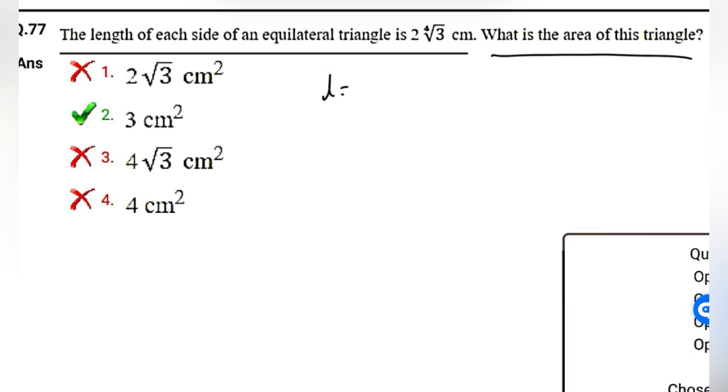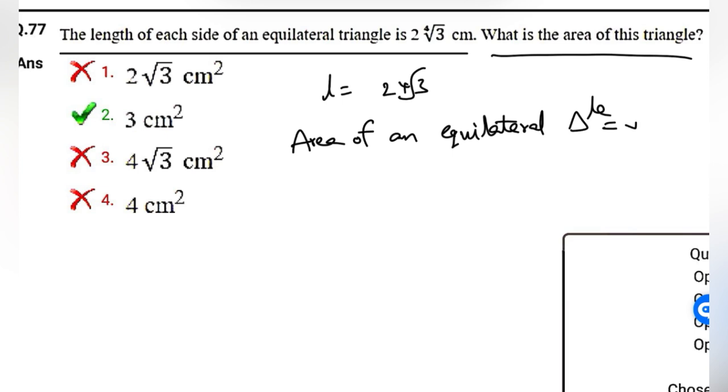Given length is equal to 2 into 4th root 3, and we know that the area of an equilateral triangle is root 3 by 4 into side square.